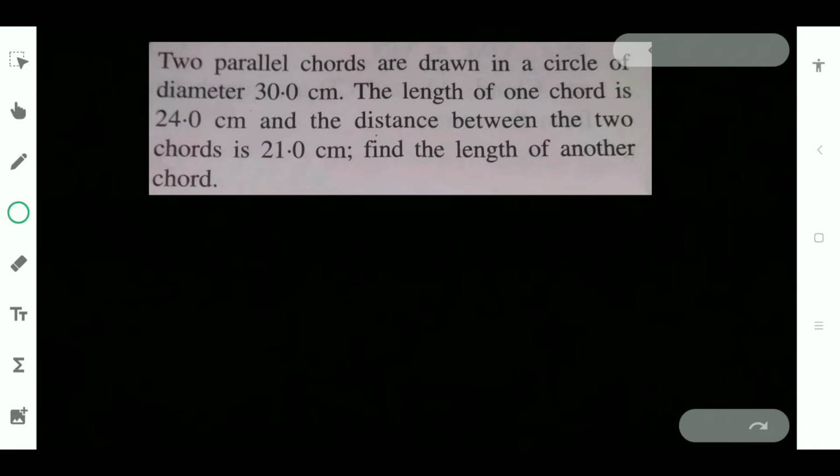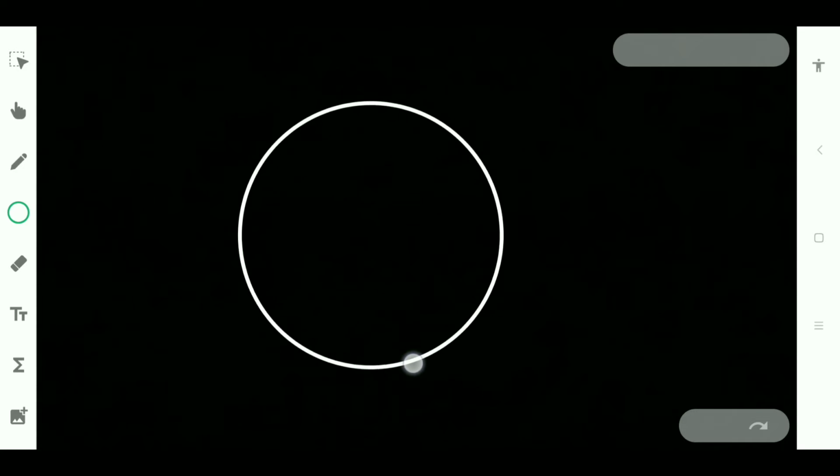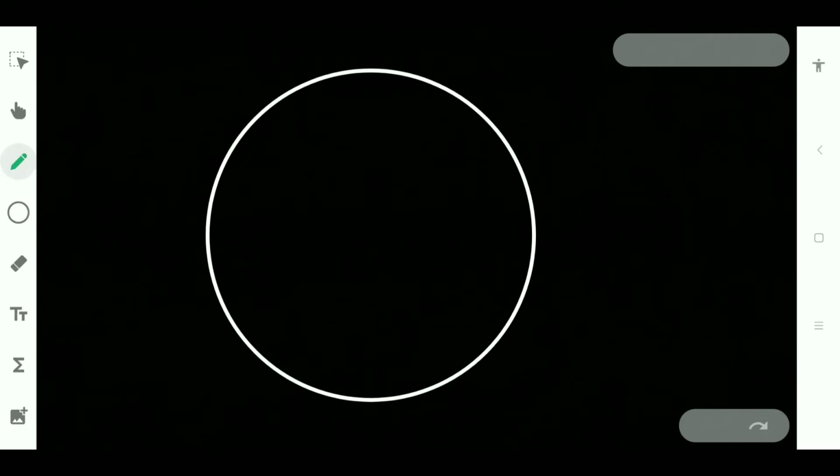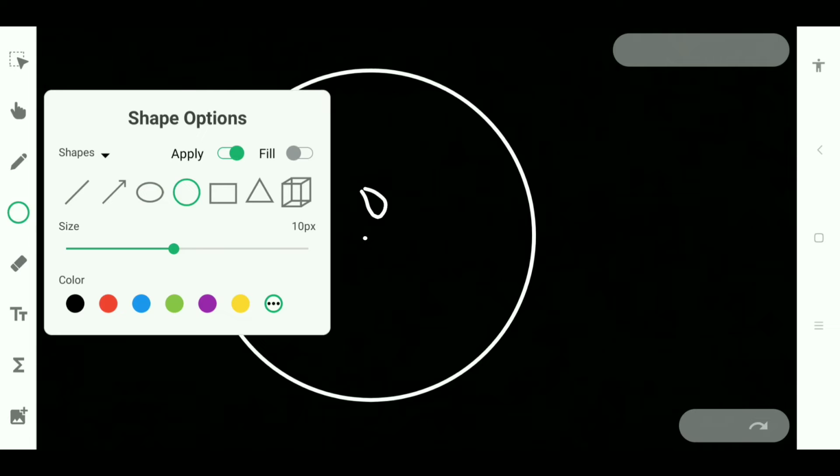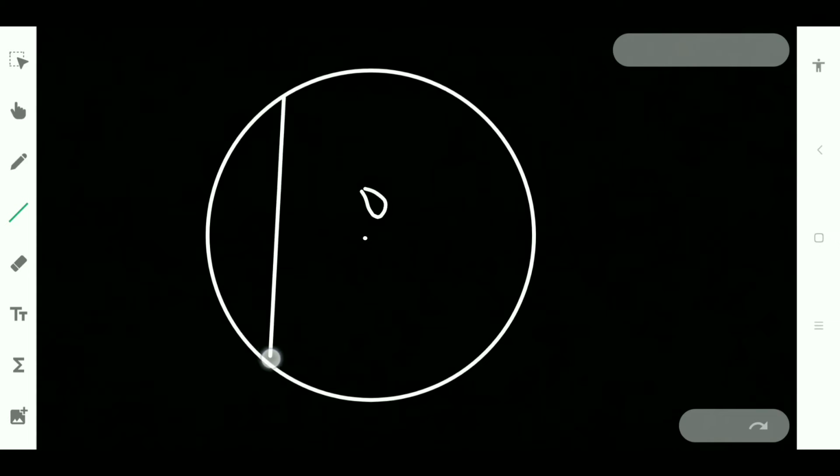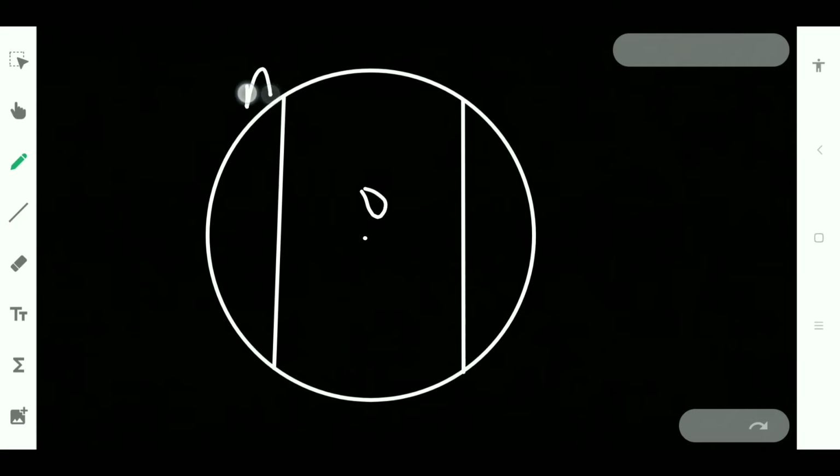Two parallel chords is nothing but, when a circle is drawn, let us take O as the center and two parallel chords. Let us take them as AB, CD. These two are parallel to each other. That is, AB is parallel to CD.